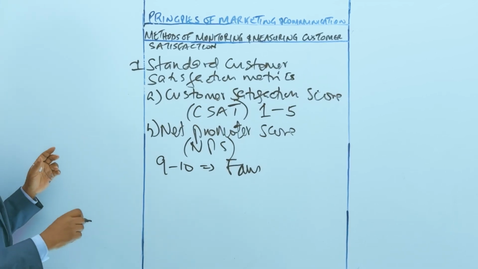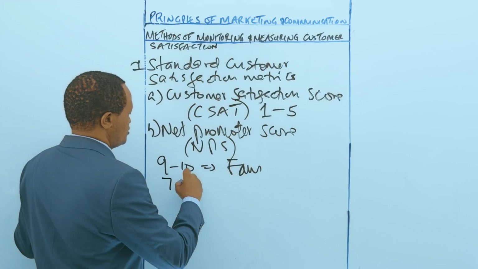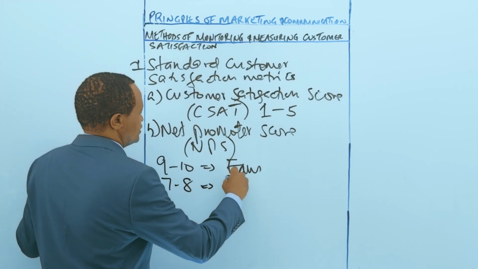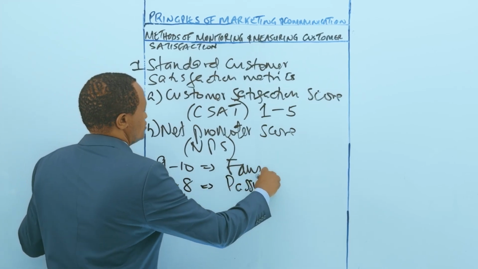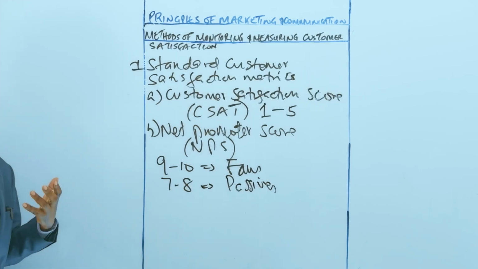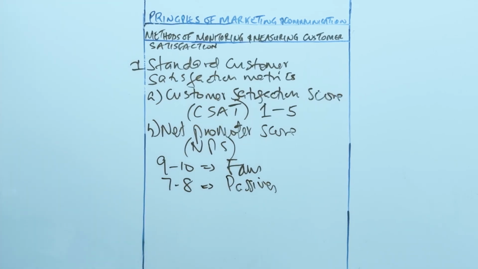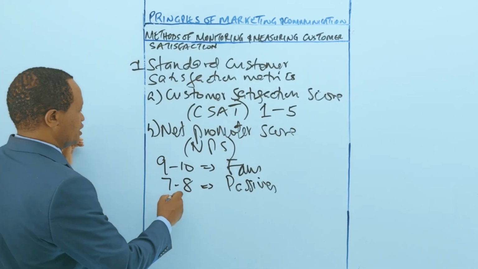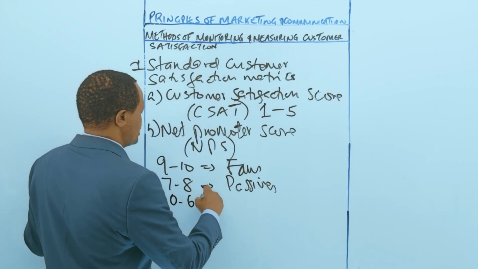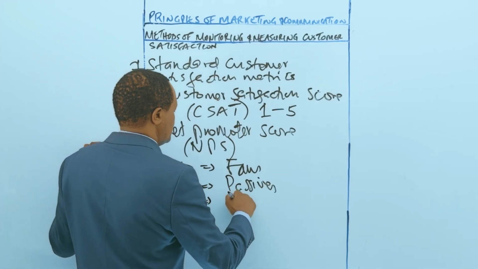Then you may have 7 to 8, those are passives: satisfied, but they are not enthusiastic. Then 0 to 6 can be categorized as detractors.